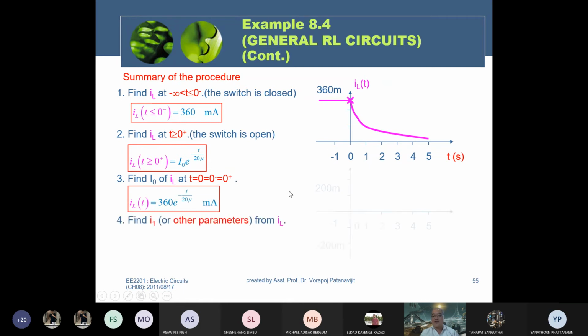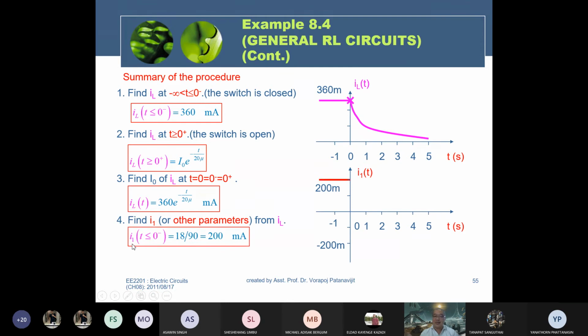Next, if you would like to find I1, the current flowing in the 90 ohm resistance, I1 for time less than 0 is constant because it still has the voltage source supplying it. It equals 200 milliamp.